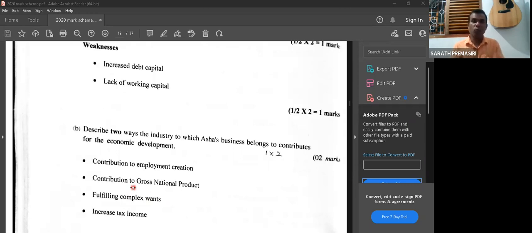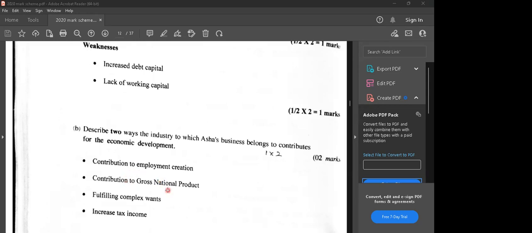In our lessons, we explained how businesses contribute to economic development, individual development, and social development. Here you are asked to explain how Asha's business contributes to economic development only.